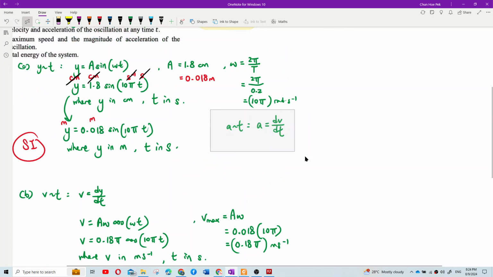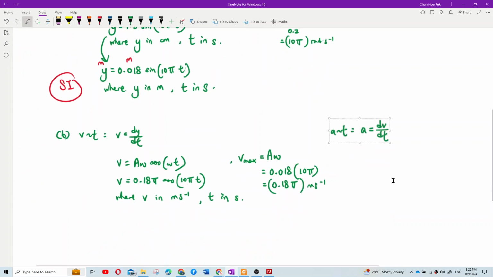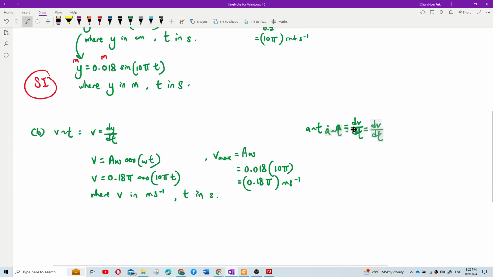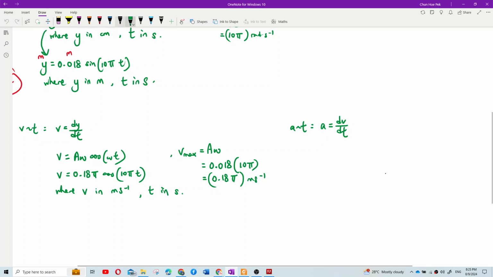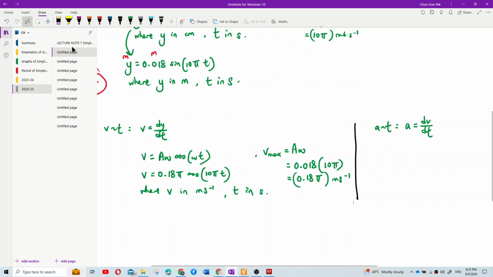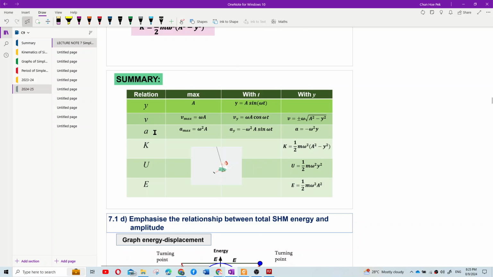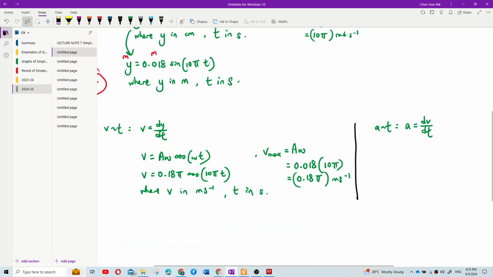So let's do our acceleration time equation. Just check the formula. The acceleration time formula is negative omega square A sine omega t. Just use this formula.